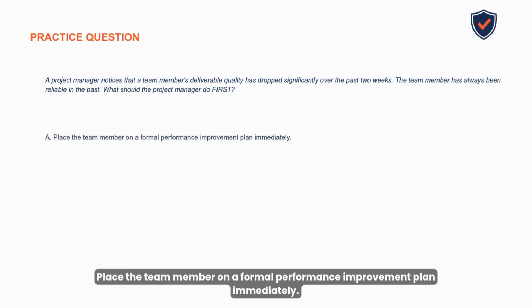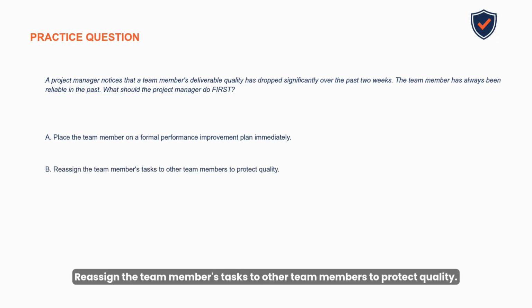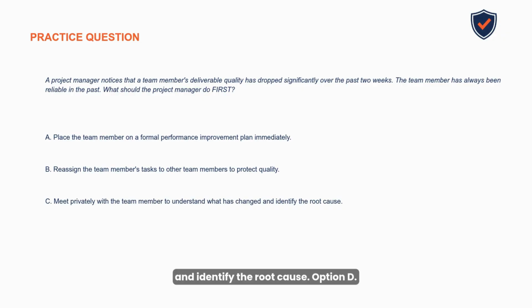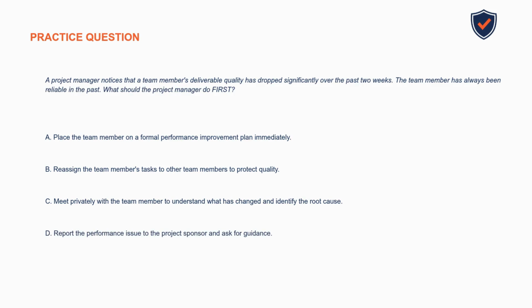Option A. Place the team member on a formal performance improvement plan immediately. Option B. Reassign the team member's tasks to other team members to protect quality. Option C. Meet privately with the team member to understand what has changed and identify the root cause. Option D. Report the performance issue to the project sponsor and ask for guidance.